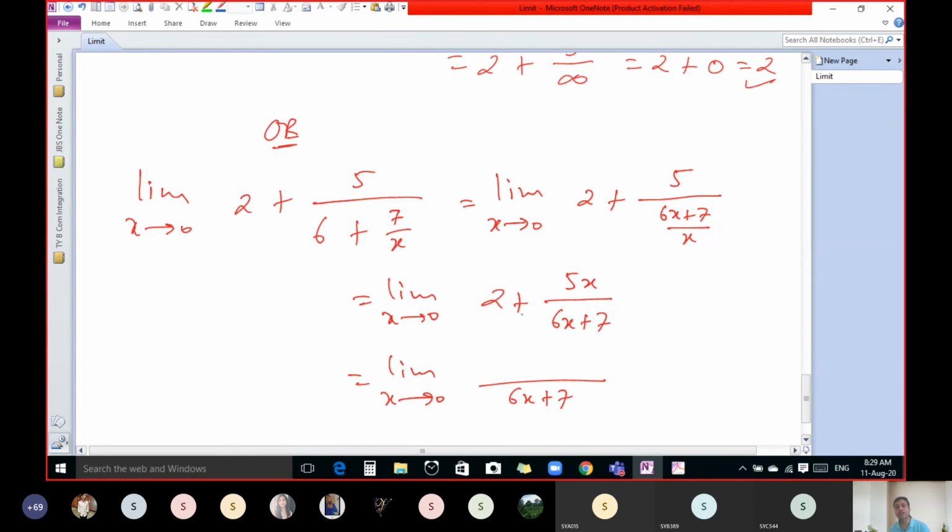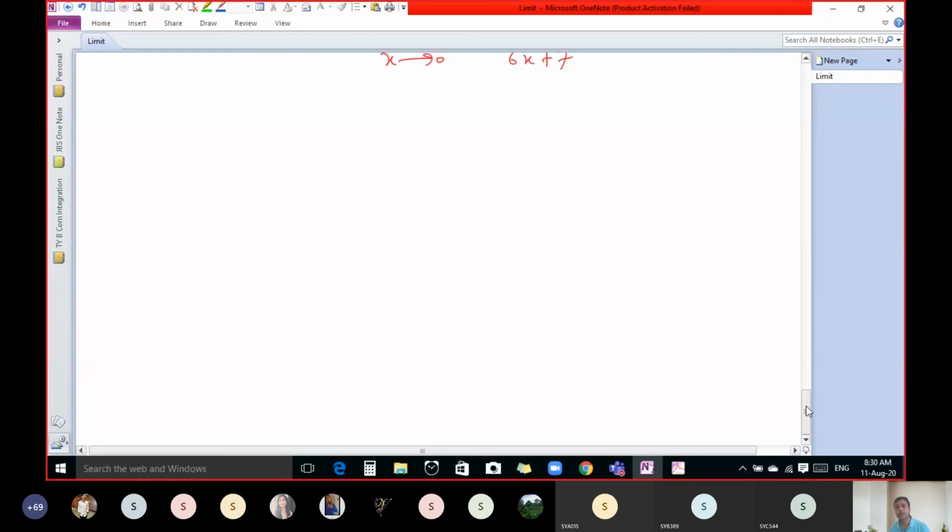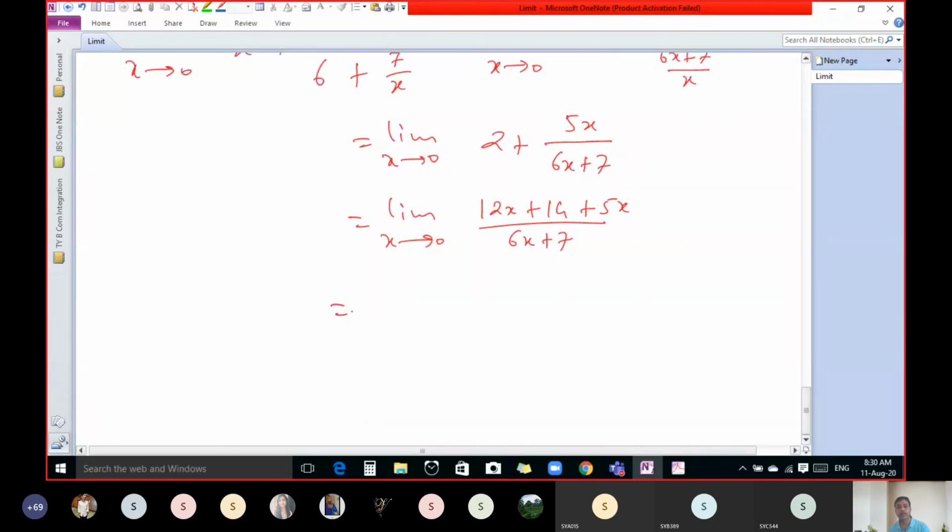So we multiply with 2, and we get 12x plus 2 into 7, 14, plus 5x. Ultimately, if we simplify this, we get limit x tends to 0, 12x plus 5x is 17x plus 14 upon 6x plus 7.